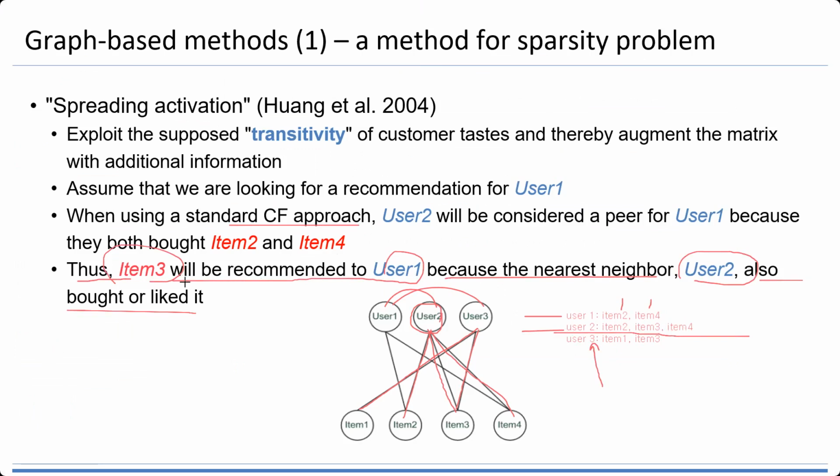So if user 1 has item 2 and item 4, most probably he or she will like item 3. Then we can recommend item 3. So this is the graph-based method.